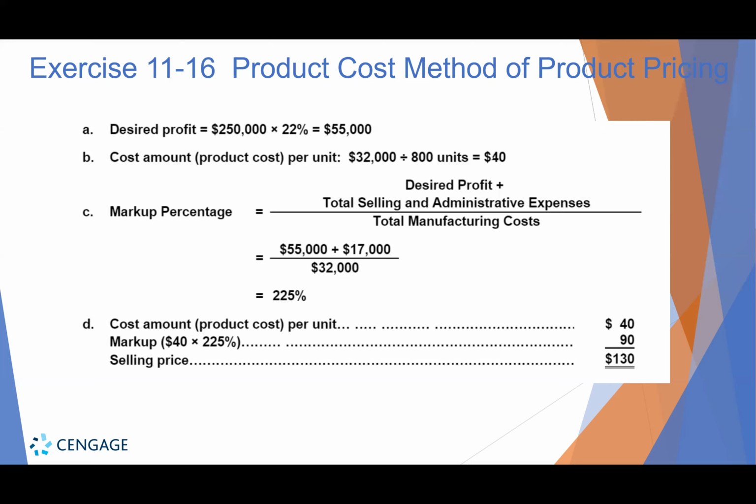So if it's costing us $40 per handbag, you have to multiply that by 225% to then know what we need to sell the product for. Okay?